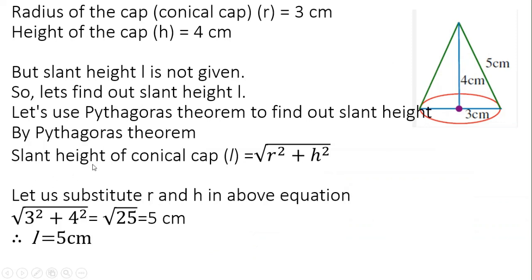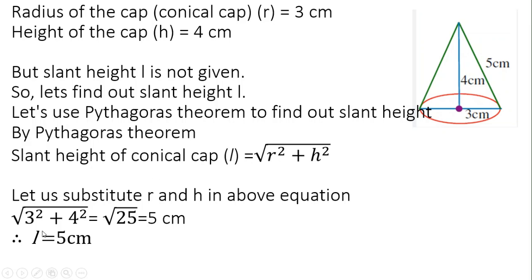So the slant height of the conical shape l, as we want l, is the square root of r square plus h square. We have applied a square root to get the required value. Substituting the values, r is 3 centimeters, h is 4 centimeters.